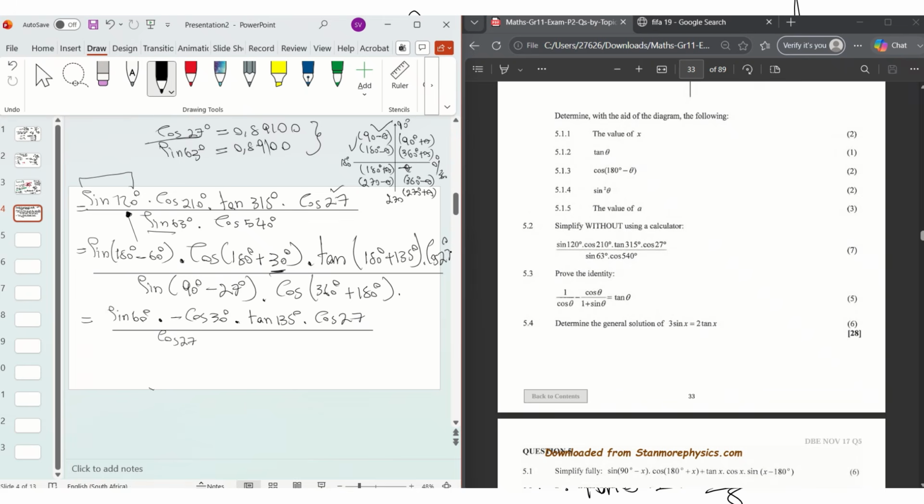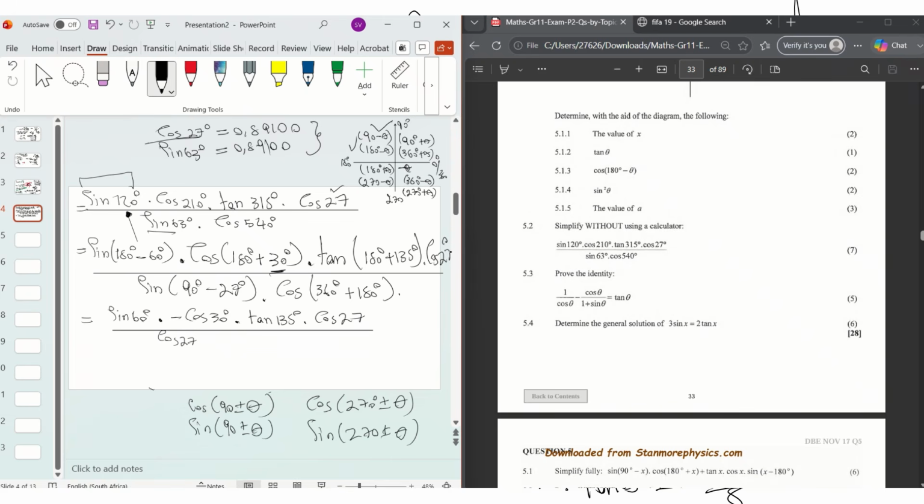Remember, guys, when you are dealing with cofunctions, when you have cos 90 plus or minus theta, or sine 90 plus or minus theta, or cos 270 plus or minus theta, or sine 270 plus or minus theta, the function will always change.